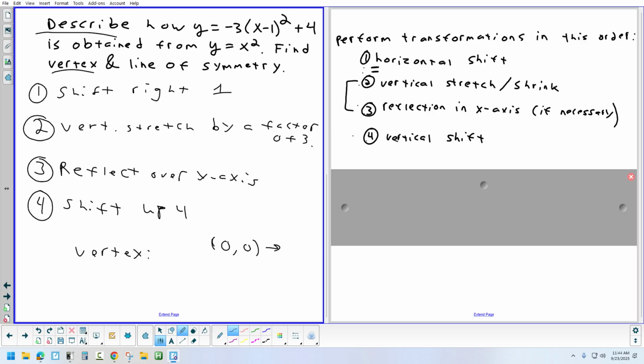We moved every point right 1 and up 4, including the vertex. So if the vertex was at the origin and it went right 1, up 4, where would it be? Yep, 1, 4. The opposite of this number, comma that number.